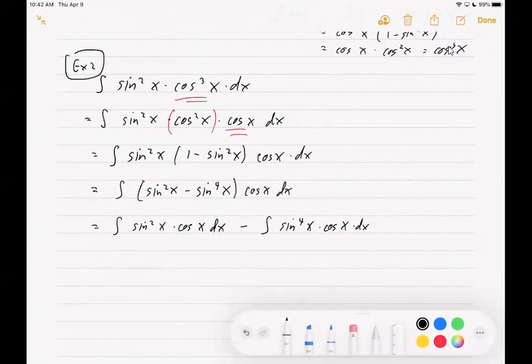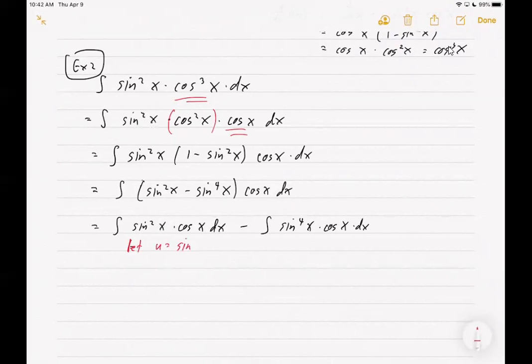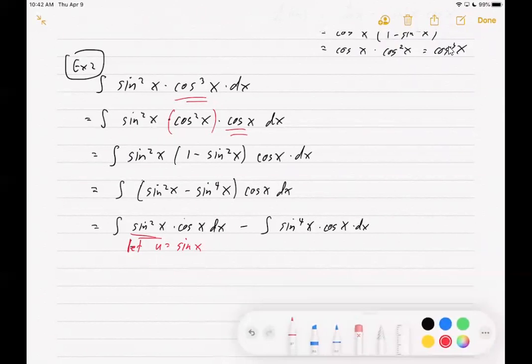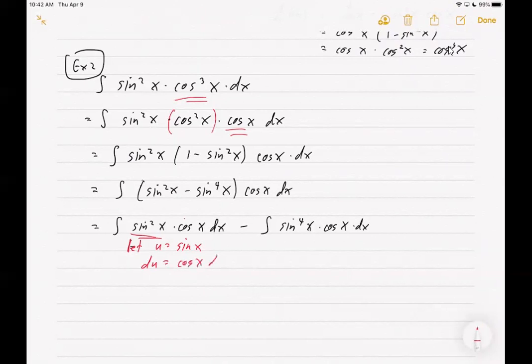For the first one, we'll let u equal the sine of x, just like we did before. We want to leave cosine of x alone because that's to the 1st power, so I can go right to du. As in the previous problems, du will be cosine of x dx.